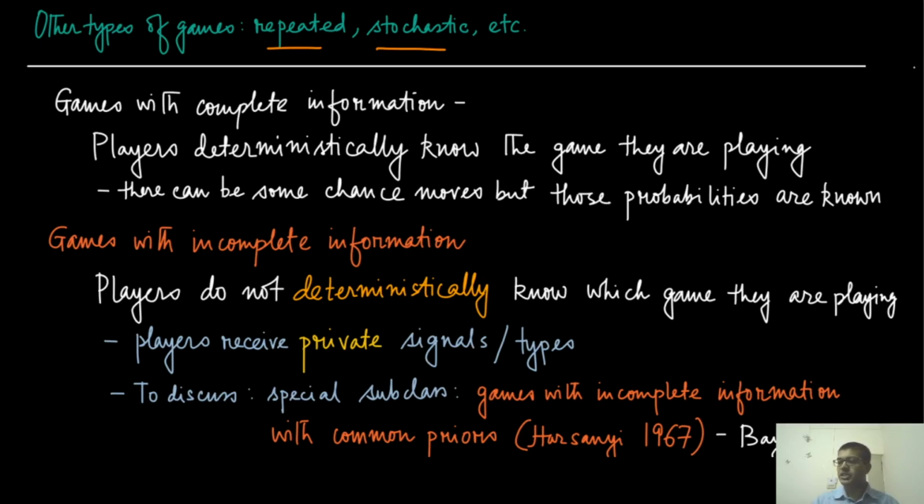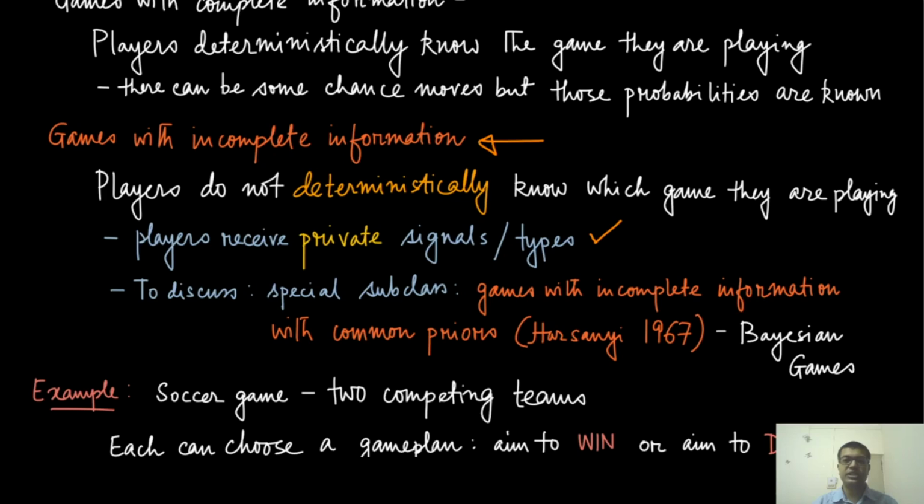In the incomplete information setting, however, the players do not have such deterministic information. So they do not deterministically know which game they are playing. One way of representing that, which we will be doing here, is that players receive some private signals, which we will also call types. The special subclass of these games with incomplete information that we are going to discuss in this module and the following are games with incomplete information with a common prior.